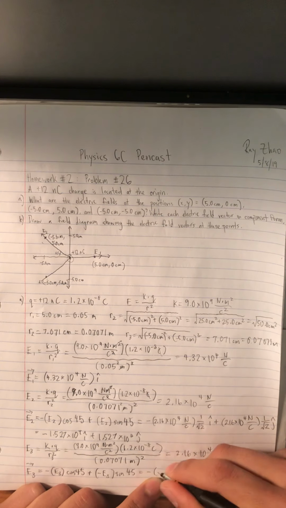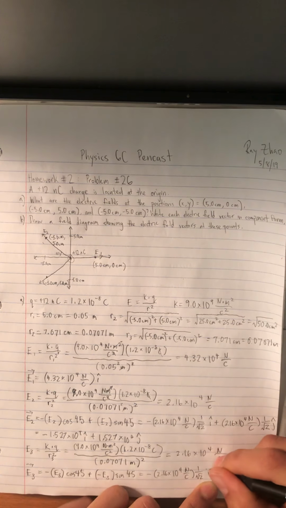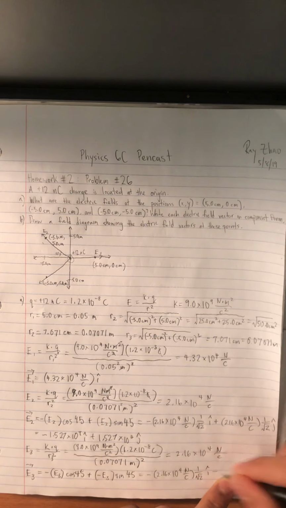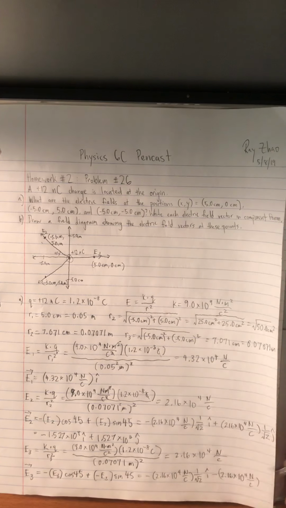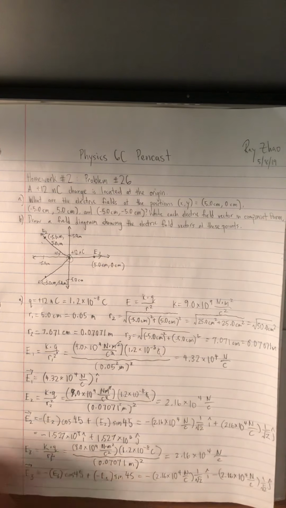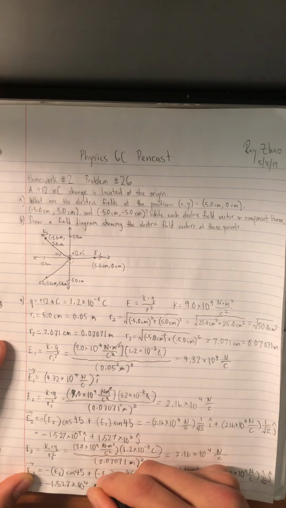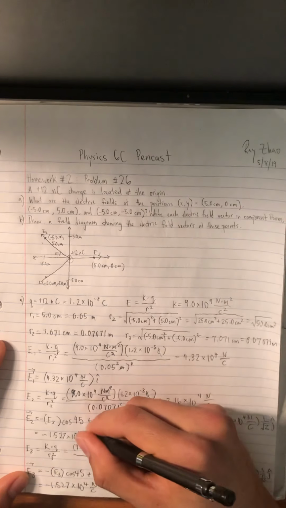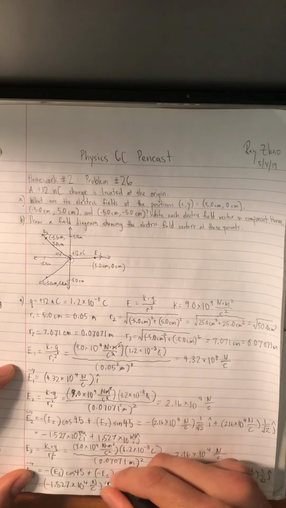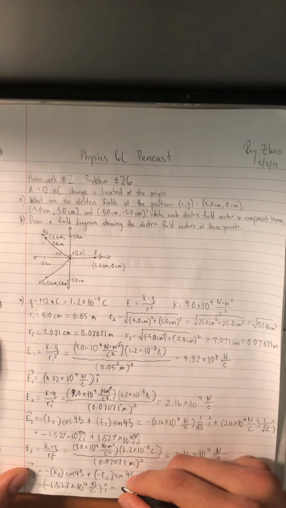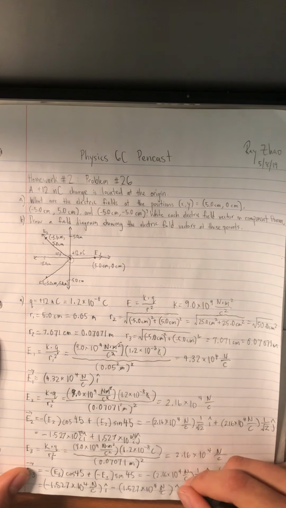So, negative 2.16 times 10 to the fourth multiplied by 1 over root 2, i hat, showing us the x, minus 2.16 times 10 to the fourth multiplied by 1 over root 2, j hat, will be equal to negative 1.527 times 10 to the fourth newtons over coulombs i hat, proving that it's the x direction, subtracted by 1.527 times 10 to the fourth newtons over coulombs j hat.